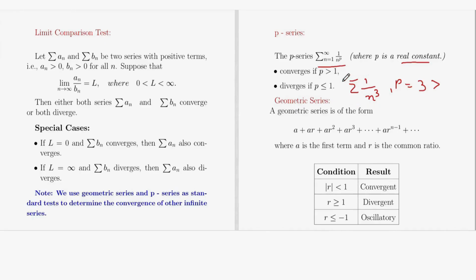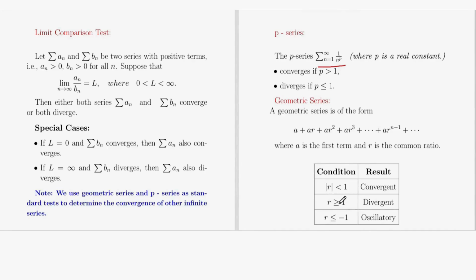The next is geometric series. A geometric series is of the form a plus ar plus ar square plus ar raised to 3 and so on, where a is the first term and r is the common ratio. If we have knowledge of r, then from this table we can conclude the behavior of the series.